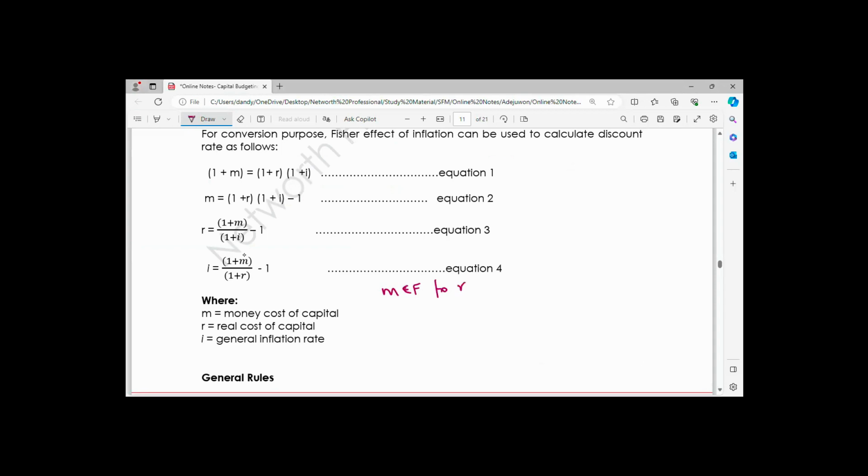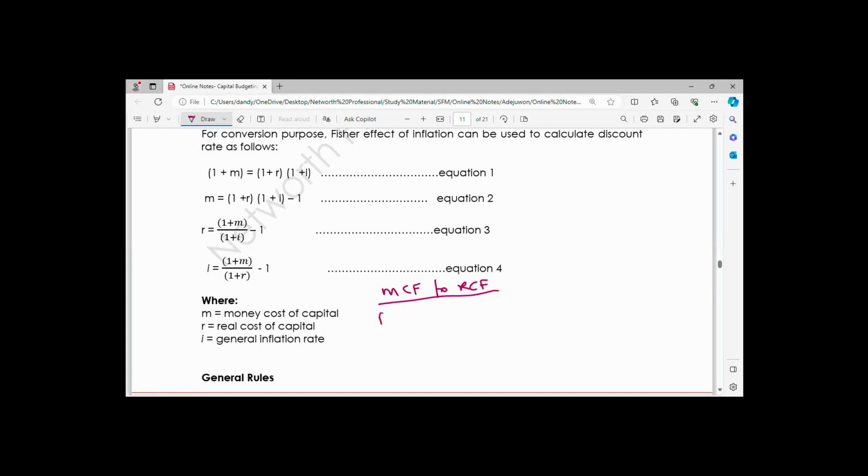Real cash flow will be the subject of the formula, because that is what I want to calculate.